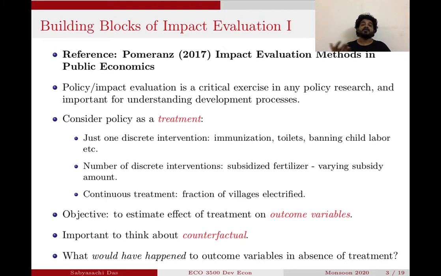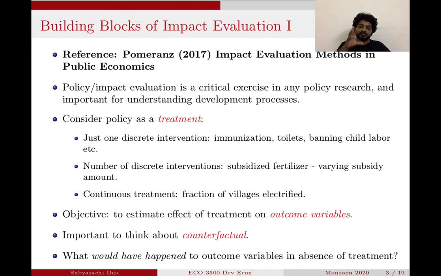Therefore it's really important to use data and econometric methods to get these estimates of policy impacts, in order to give evidence-based guidance to governments about what kind of policies they should be focusing on.